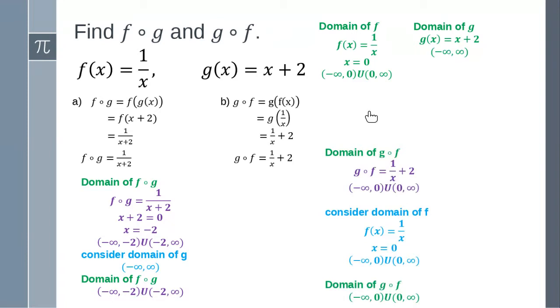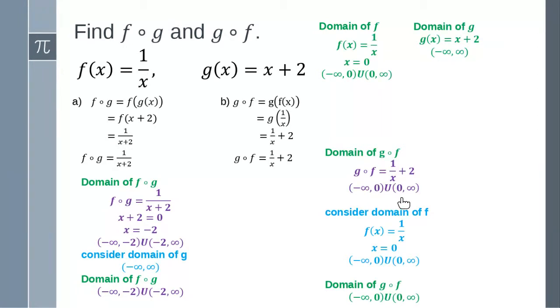All right, so I think we'll finish this one up too. Let's look at the domain of our answer, of our composite g composed of f. We have a fraction here, so we cannot have x equal to 0. So our domain for our answer is negative infinity to 0 and from 0 to infinity, again, not including 0.